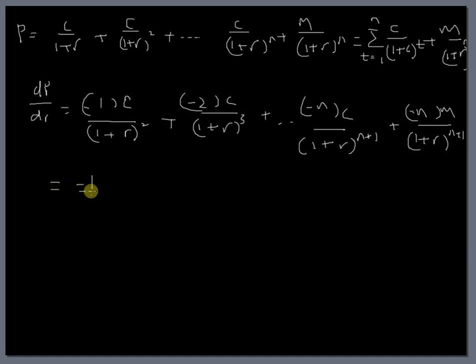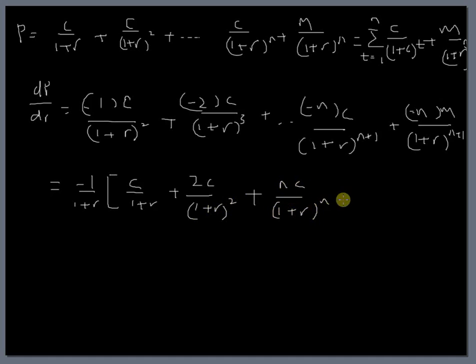Minus 1 over 1 plus R, into C over 1 plus R plus 2C over (1 plus R) squared plus, and so on, N C plus N M over (1 plus R) to the power of N. So we can see that this expression becomes even closer to this one. Let me reduce it further.